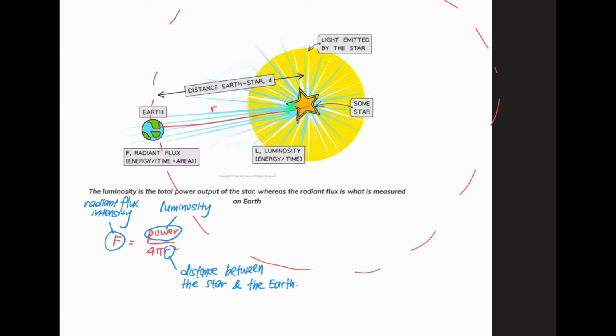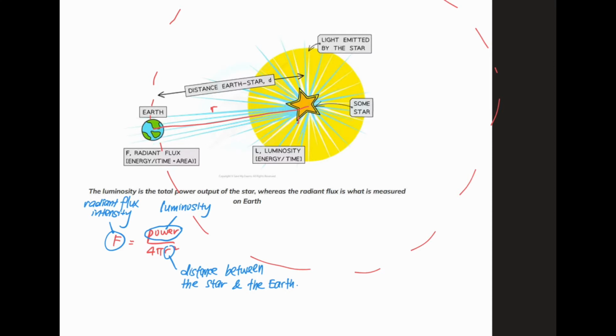So we work out the luminosity of the star. You get this already, you get this also, and then you can use this formula to count the distance between the Earth and the star.